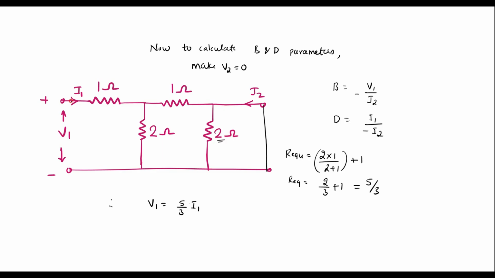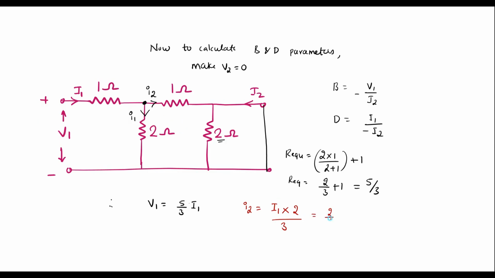But here we have the I1 current. It will flow like this. At this node, the current I1 will divide. Part of the current will flow here, I will call it small I2. So here, let me calculate this small I2 first. I2 is equal to total current, that is I1, into the opposite resistor, that is 2, divided by the sum of resistors, that is 2 plus 1, that is 3.